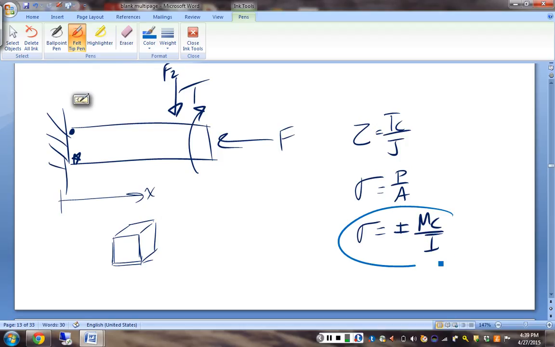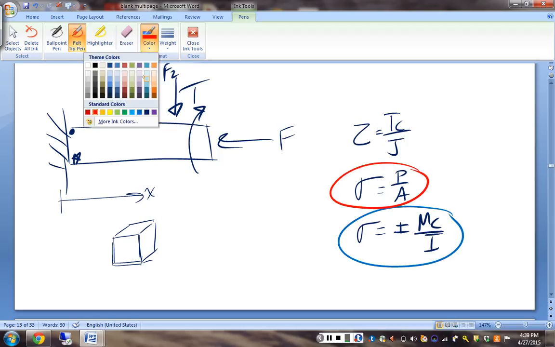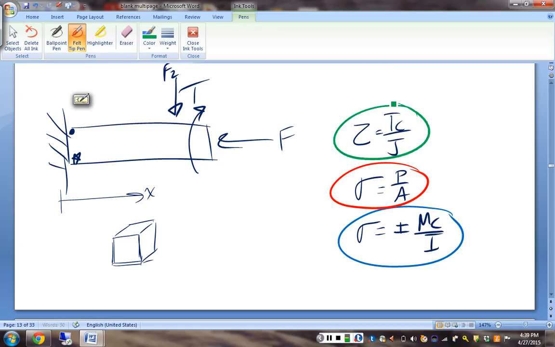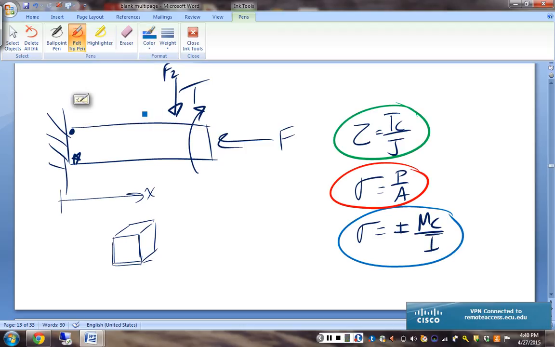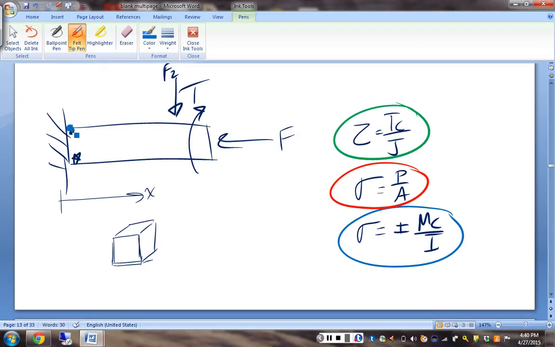This guy is blue, this guy is red, and this guy is green. So if I'm up at noon, do I have tension or compression in my blue? This is my noon. So that is going to look like this in my x direction, right? And it's going to be a plus MC over I.